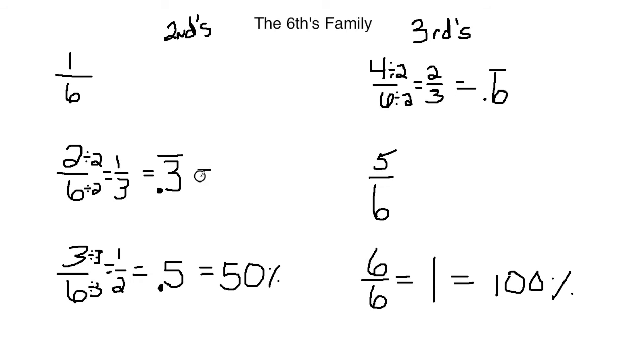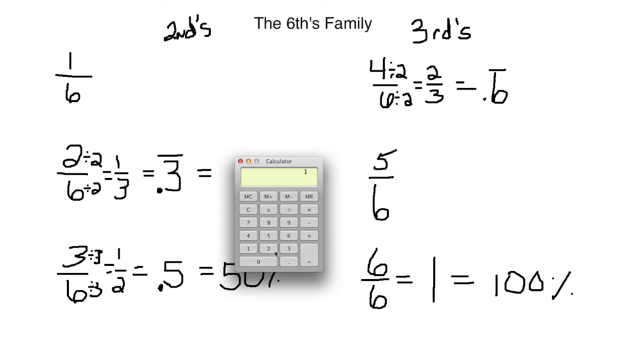Now, in order to convert 0.3 repeating into a percent, a rounded percent, we multiply by 100. 1, 2. And don't forget, 1 divided by 3 is 0.3 repeating.